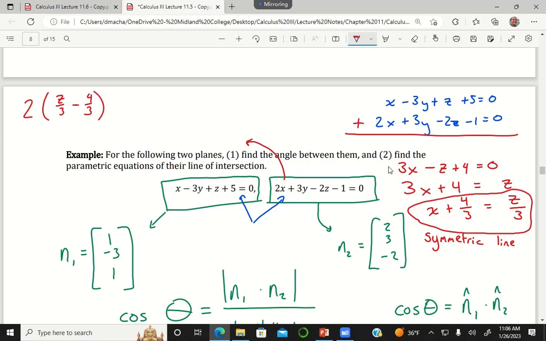So instead of having 2 times x, I have 2 times z over 3 minus 4 over 3, plus 3y minus 2z minus 1 equals 0. And so this is going to give me 2/3 z minus 8/3 plus 3y minus 2z minus 1 equals 0.